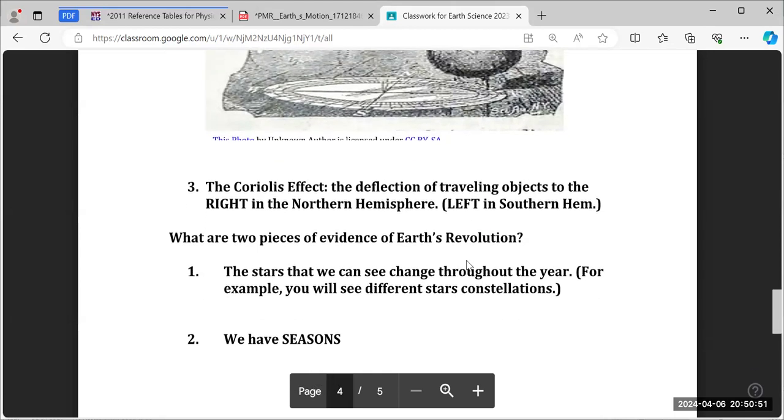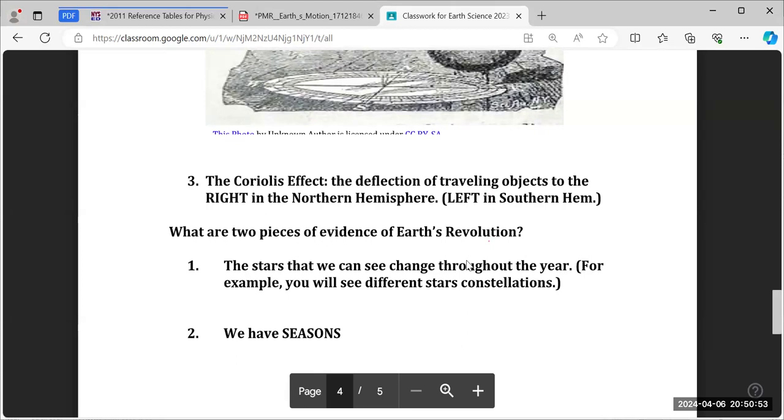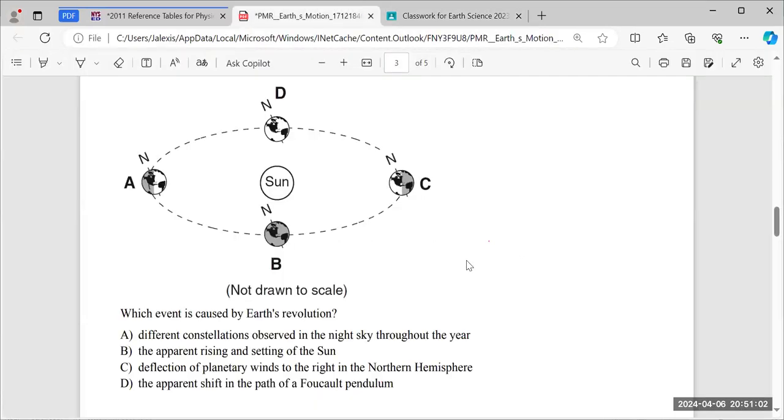Now, what are the pieces of evidence for the Earth's revolution? The fact that we have seasons, and we see different stars and constellations. What are constellations? Constellations are just groups of stars, and these groups make a pattern.